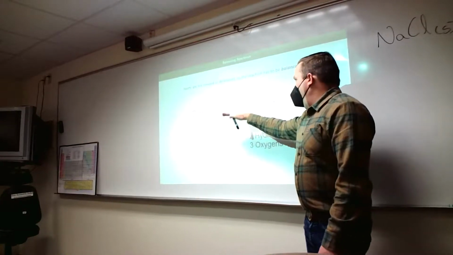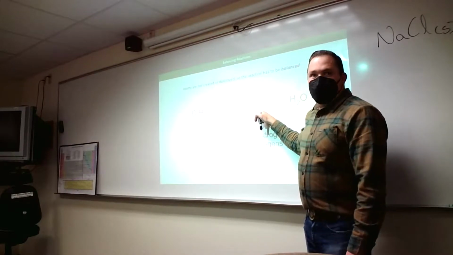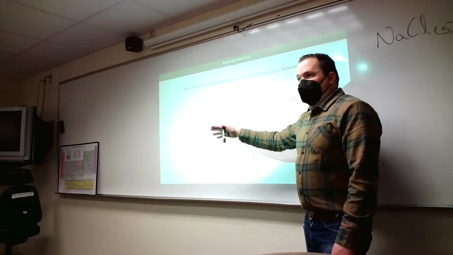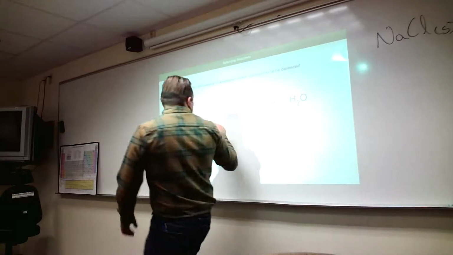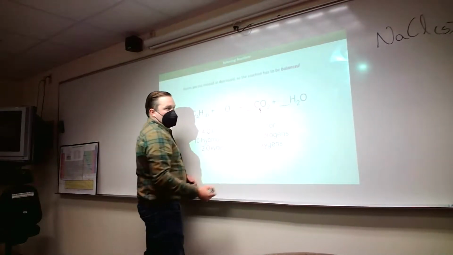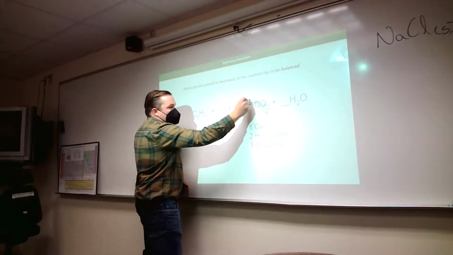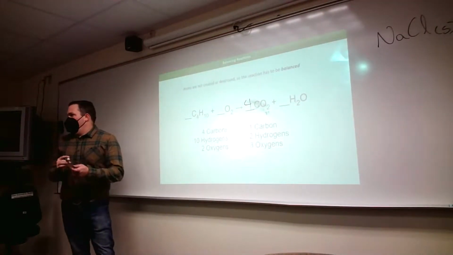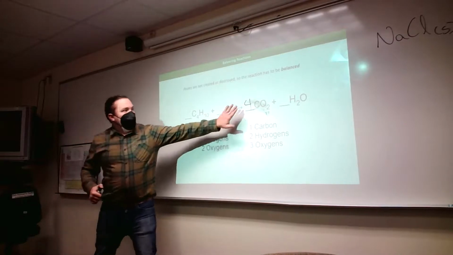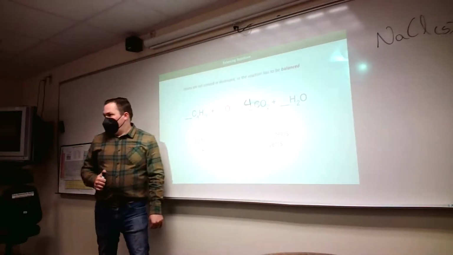So you need to add however many molecules you have in order to make all the carbons balance out. Instead of sticking a 4 right here, I can't do that because now it's not carbon dioxide, but I can put a 4 right there and say I have 4 molecules of carbon dioxide.